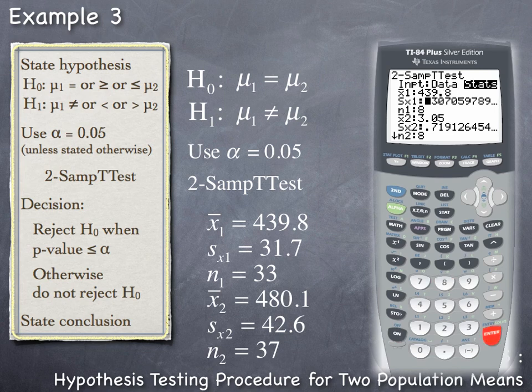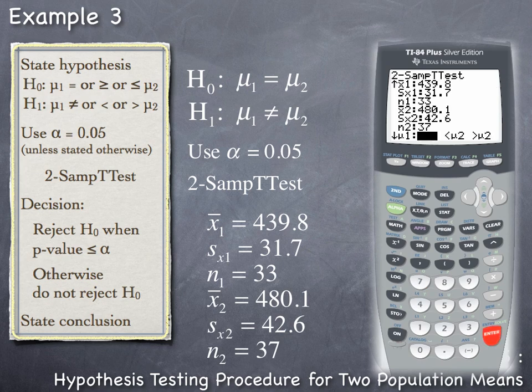Enter. And then Sx1, 31.7. Enter. n1 equals 33. Enter. x bar 2 equals 480.1. Enter. Sx2 equals 42.6. Enter. And n2 equals 37. Enter.